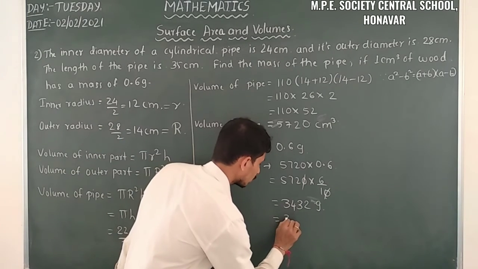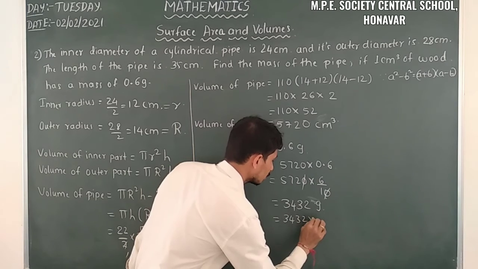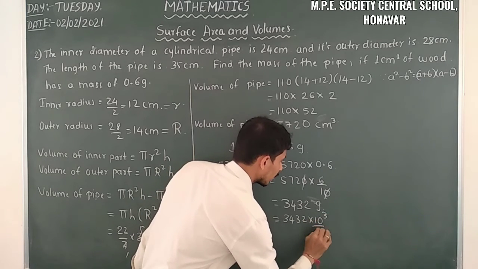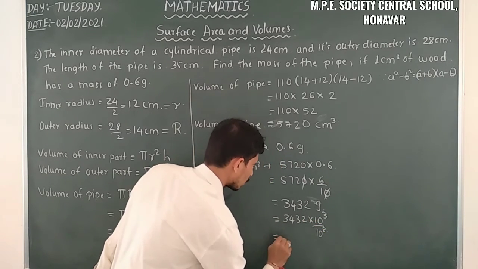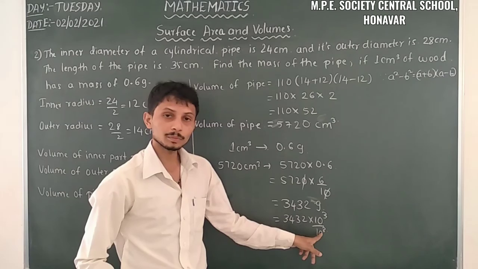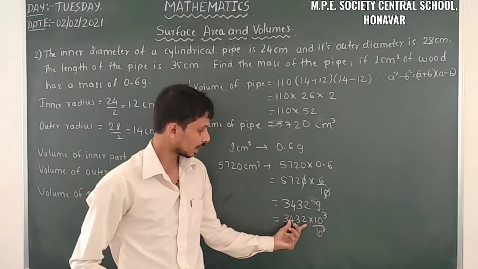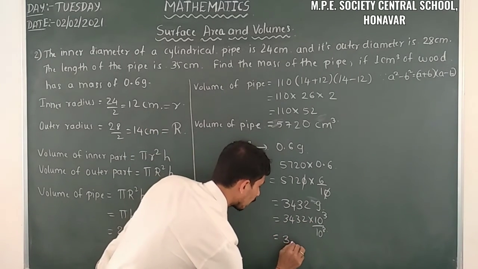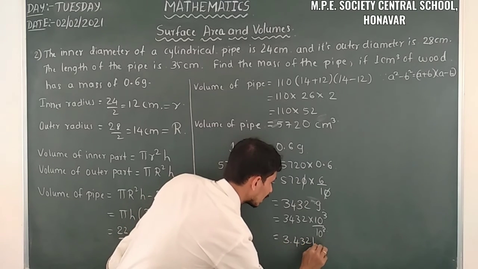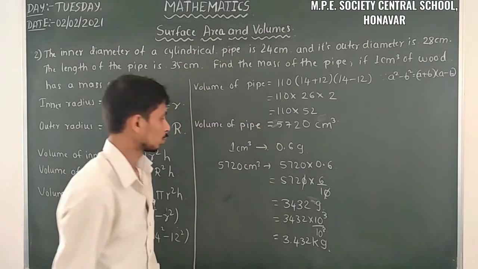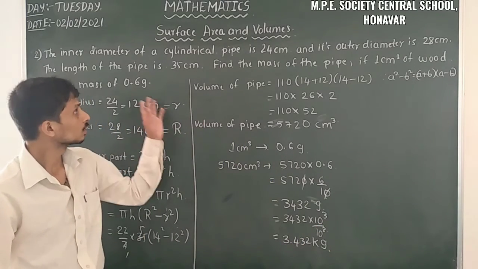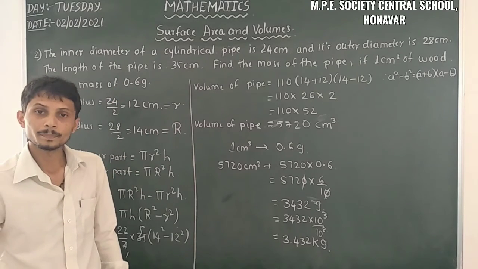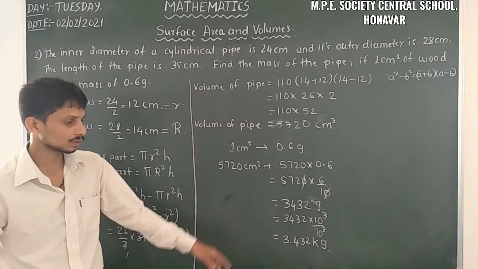So we divide 3432 by 10 raised to 3, that is 1000. Then what happens? 3.432 kg of wood.